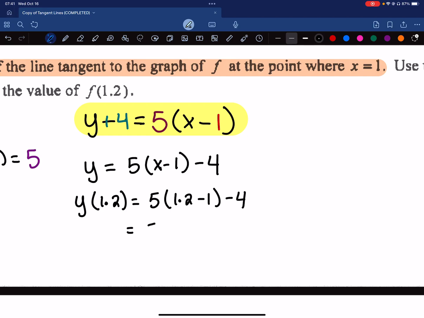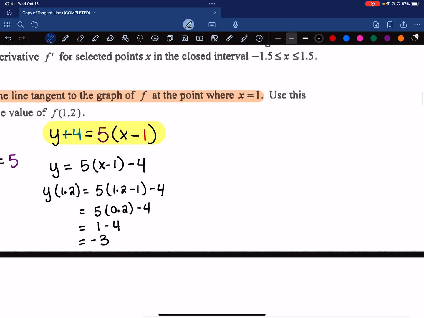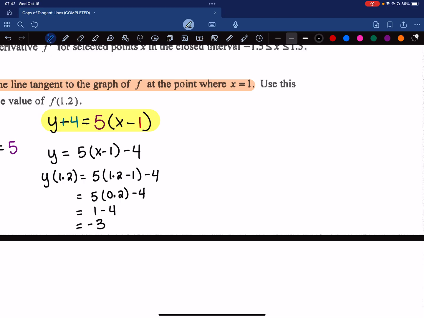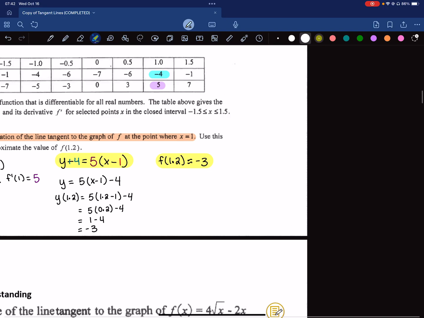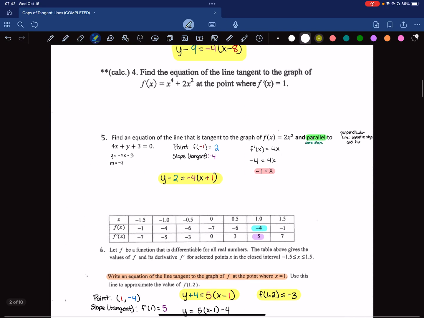So that would be 5 times 0.2 minus 4. 5 times 0.2 is 1 minus 4. We get a negative 3. So how you have to write your answer: because it said f of 1.2, we're going to say f of 1.2 is approximately negative 3, and that would be it. So that is the end of the first part of the tangent lines videos.